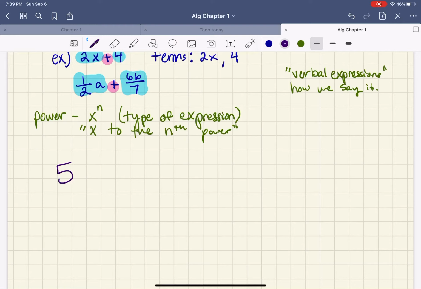I'm just going to do a couple for you. So if I had this as my algebraic expression, I'm not going to put the equal sign actually. That's going to be 5 to the second power. Okay, what if I did that? That would be x to the 9th power.